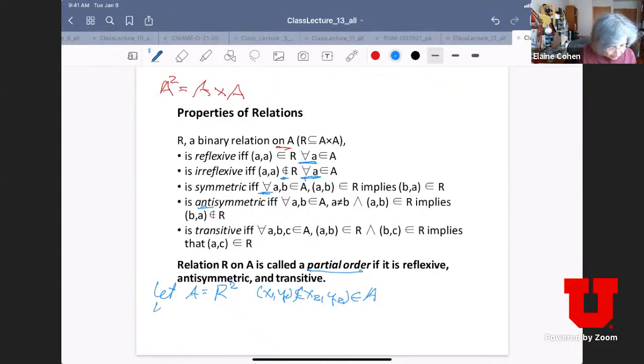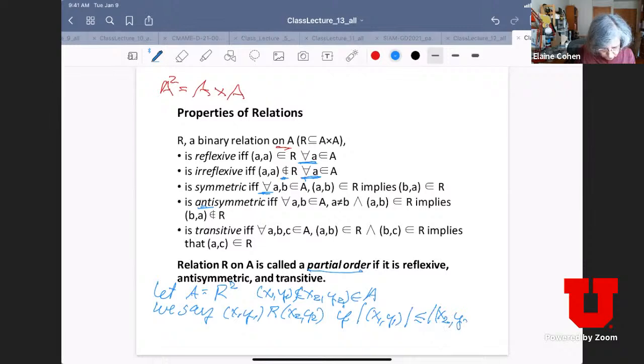We say (x1, y1) is related to (x2, y2) if the magnitude of (x1, y1) is less than or equal to the magnitude of (x2, y2). So do we remember what the magnitude is?